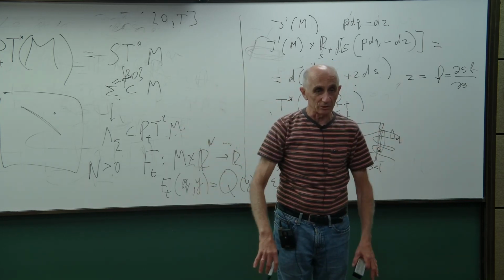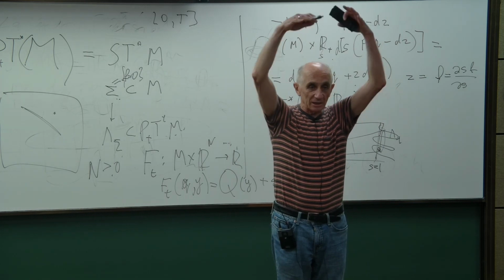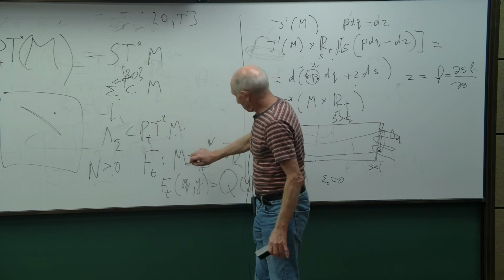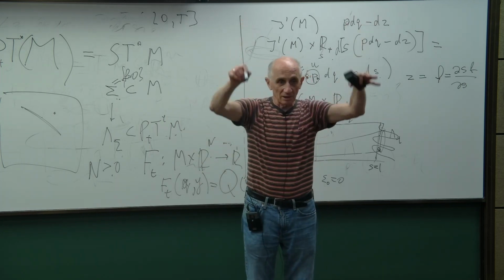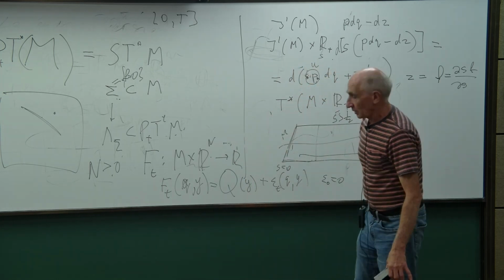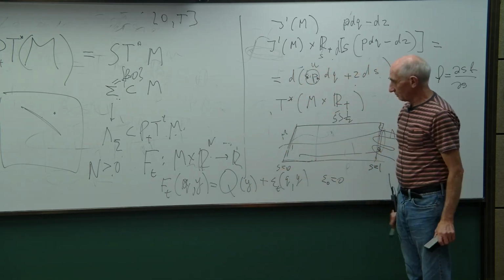So it gives you a Legendrian in the projectivized cotangent bundle of this big manifold, and then you take reduction and you get back there. Okay, so this is the theorem.